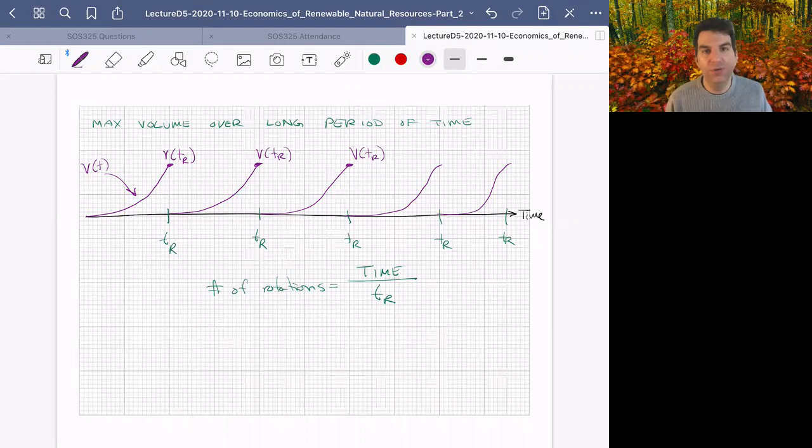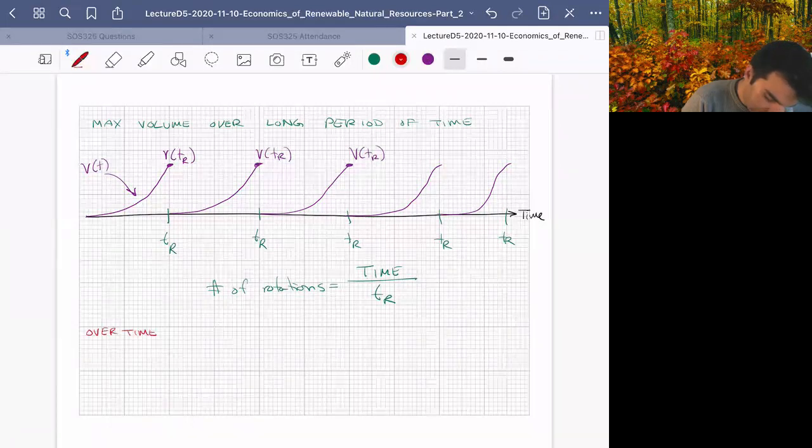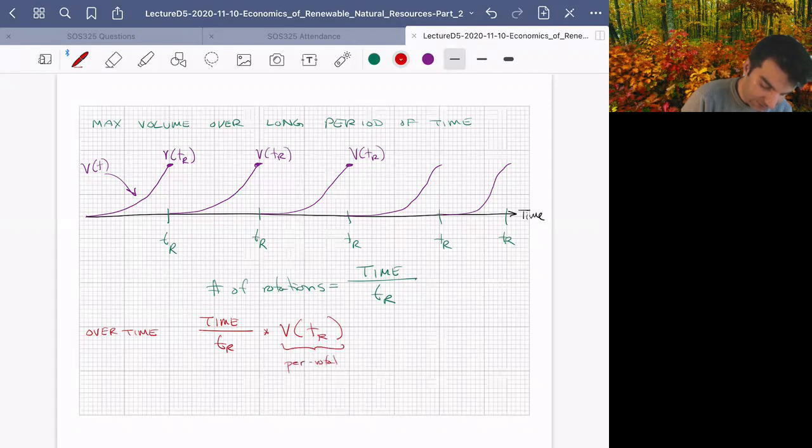So how much wood do we get over time? Well, over time, then we are going to get time divided by TR multiplied by the yield per rotation, V of TR. And so this is the per rotation yield. And I can rewrite that as the length of time times V of TR divided by TR.